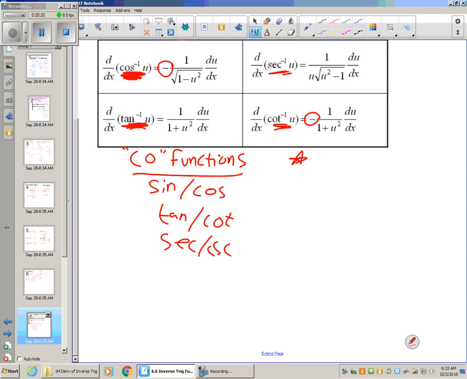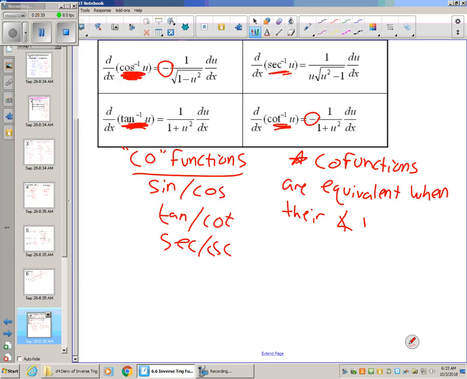And just remember, with cofunctions, they are equivalent when their angle measurements are complementary, basically meaning that they add up to 90 degrees. And we'll discuss that later.